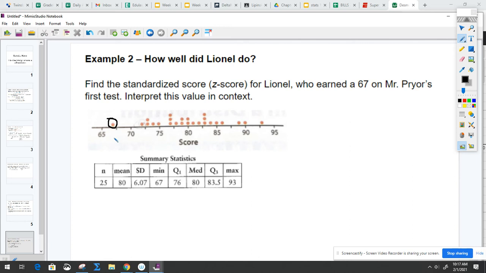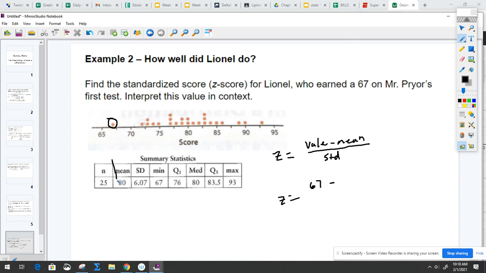So what we want to do is find the Z score. All we do is put a Z and write equals. Again, that's the value minus the mean, all divided by the standard deviation. So this would equal, the value is a 67, that's his score right here, minus the mean.